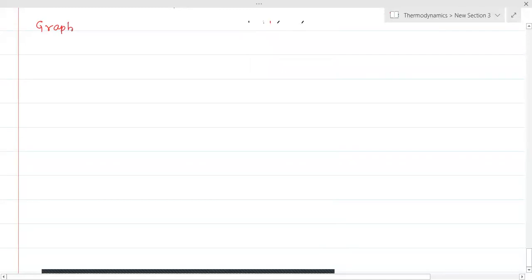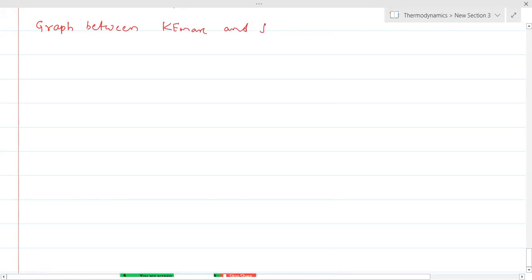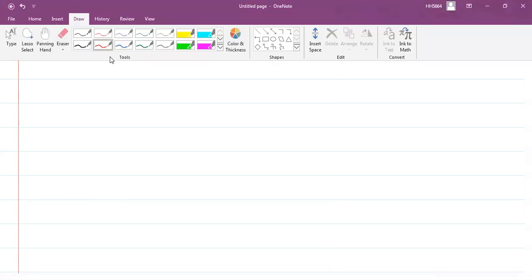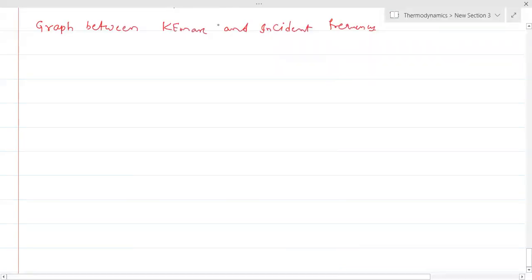Next we are taking the graph between Ke maximum and incident frequency. So we will get a similar type of graph.